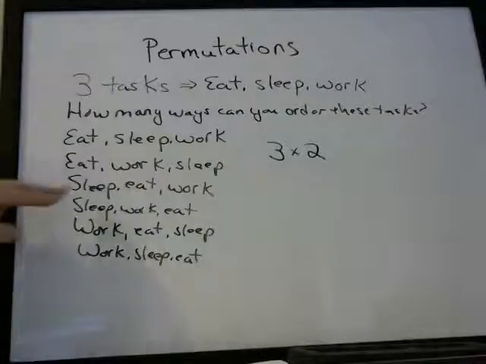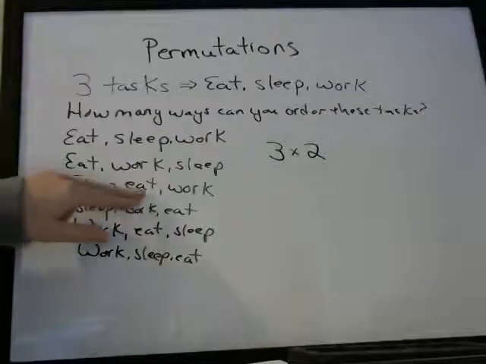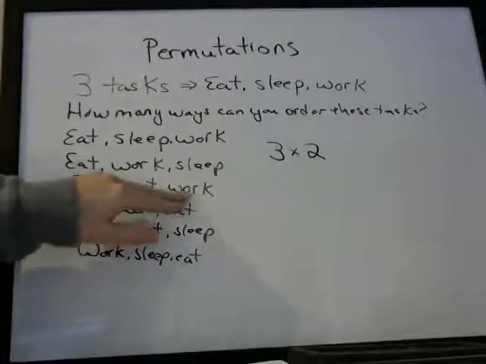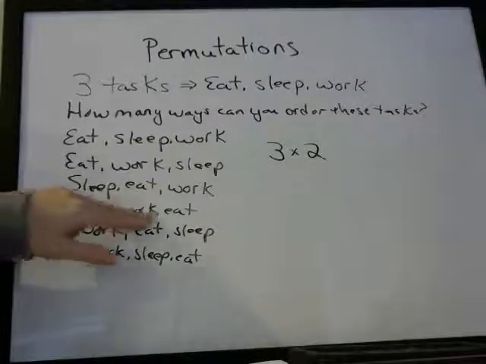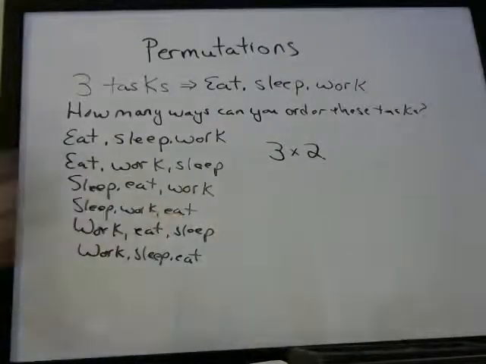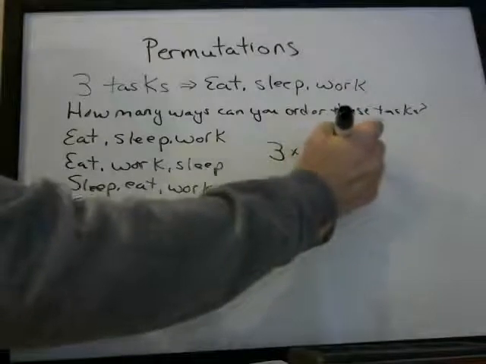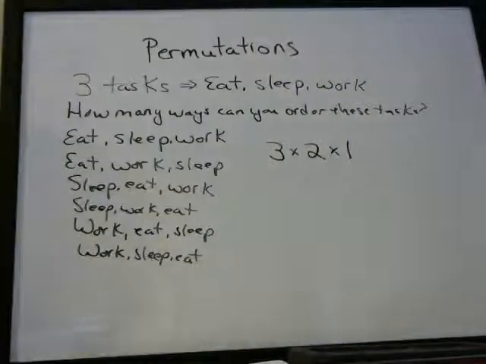If we choose to sleep and then eat, the only thing we have left is work. If we choose to sleep and then work, we have to eat. So for the last task, there's only 1 possibility.